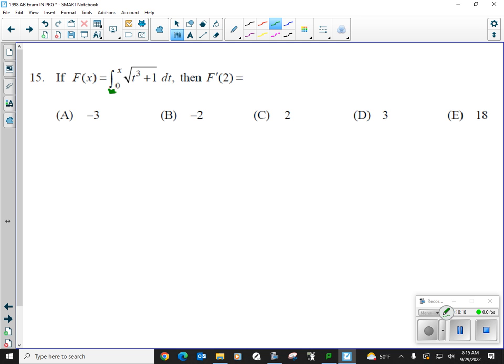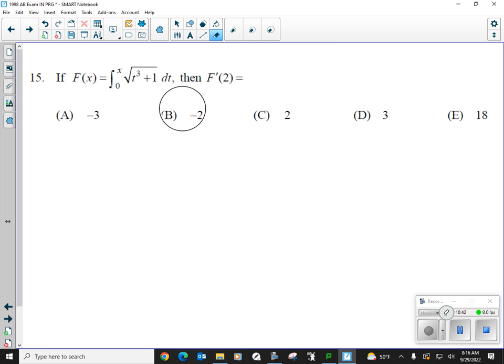They weren't asking. They just said, integrate that. And a lot of people, because you have a different variable here, just want to substitute the variable, get rid of the integral, like I was taking the derivative of an integral. In that problem, I had to actually integrate and plug an x in for my upper bound.